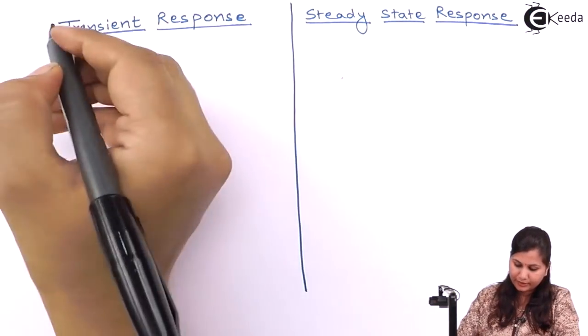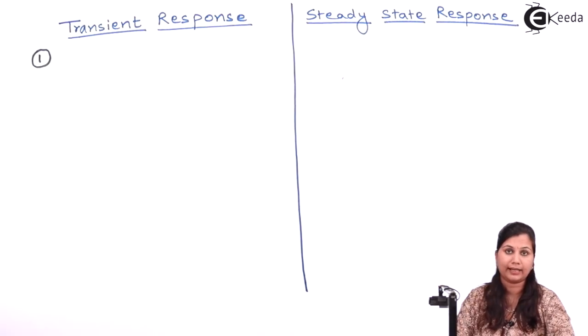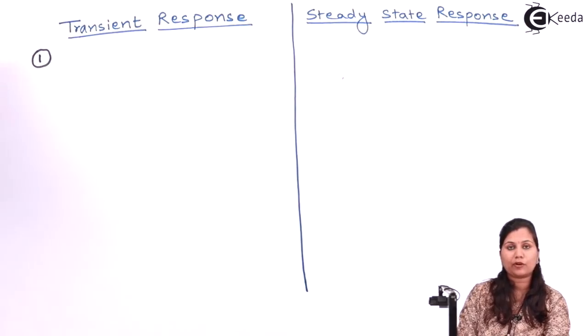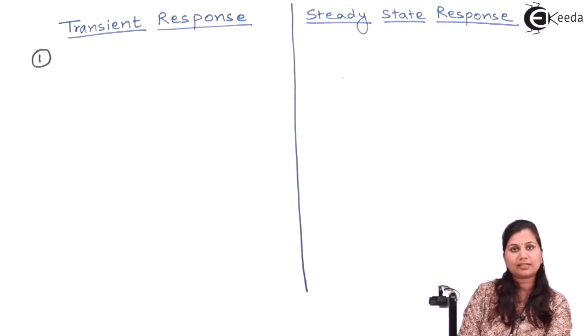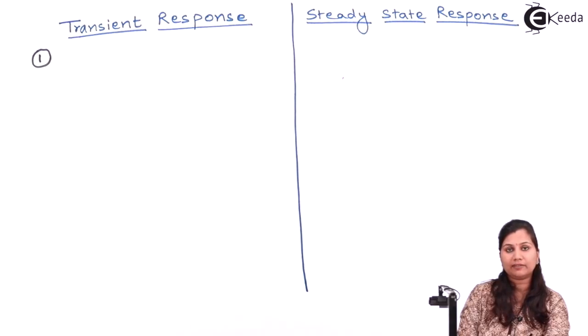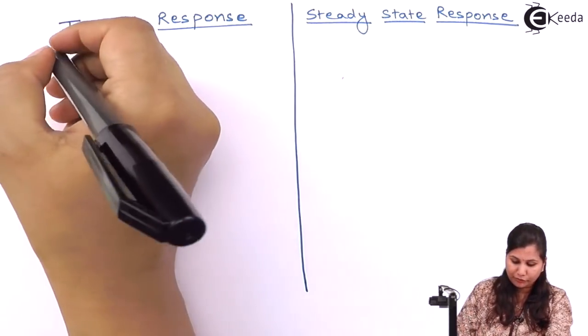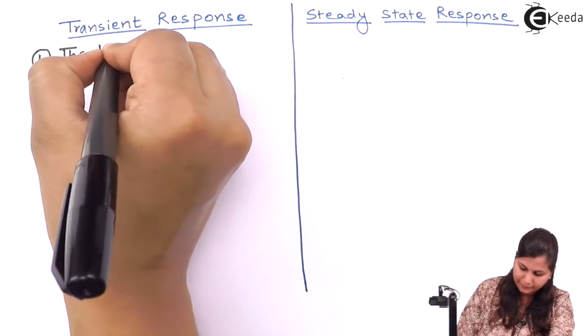The first difference between the transient response and steady state response is the duration. The transient response is from the initial state to the final state, whereas the steady state response is from the state which has achieved a fixed response to infinite time. Okay, so the first difference will be the time of response.